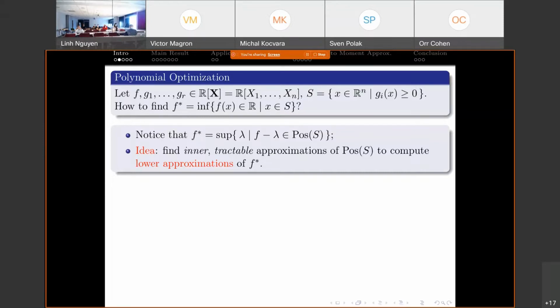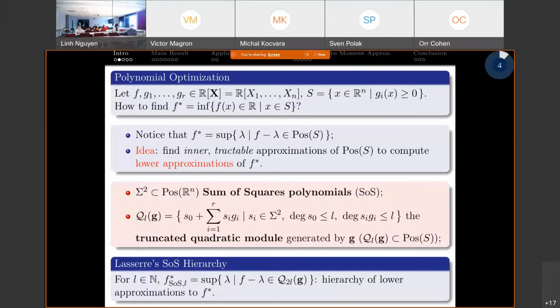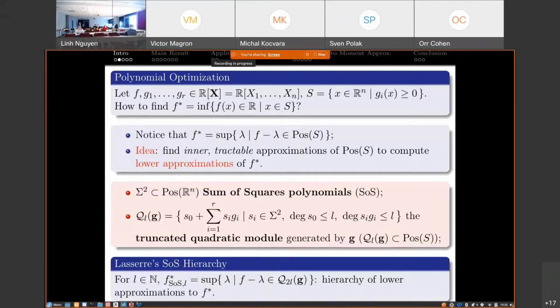And so the idea is to find inner tractable approximations of these positive polynomials to compute lower approximations of f star. So we will need some sum of squares polynomials that are denoted sigma. And then we will need the basic object of this talk, that is the truncated quadratic module at level L, denoted Q_L(g).